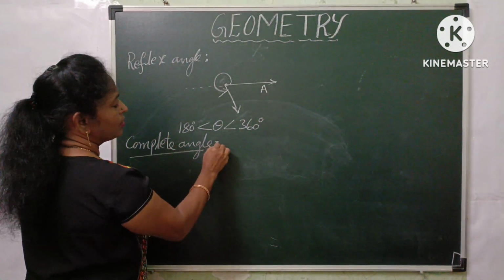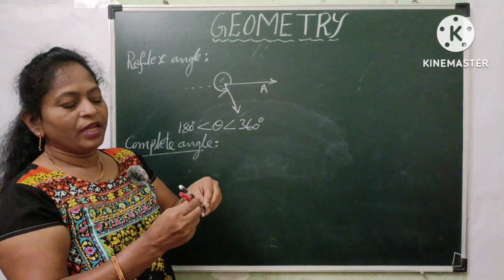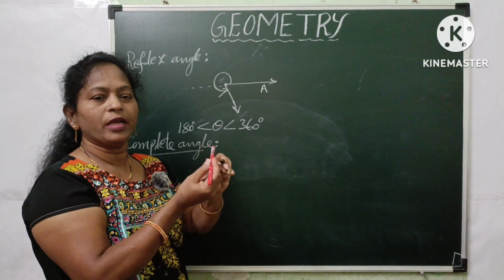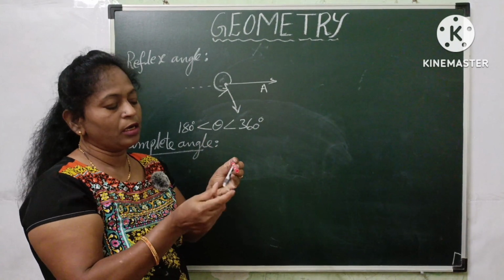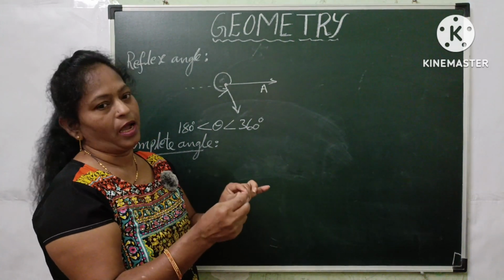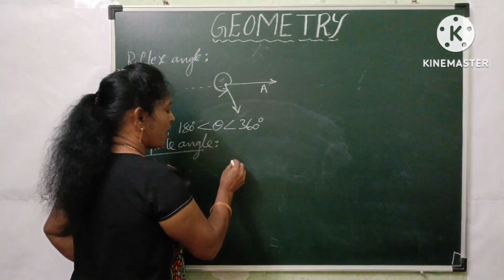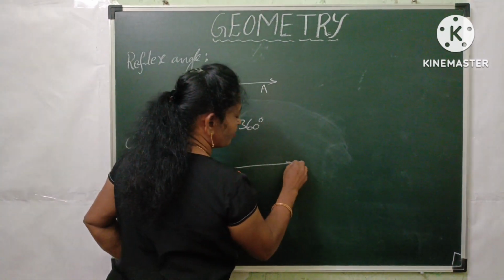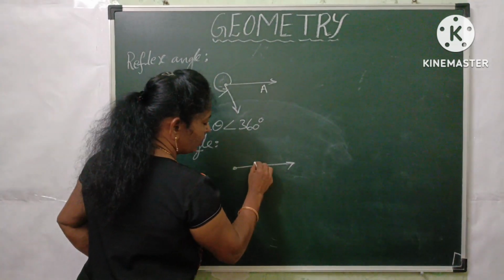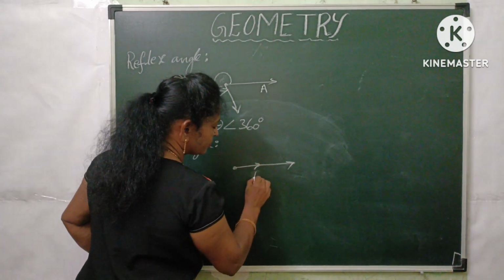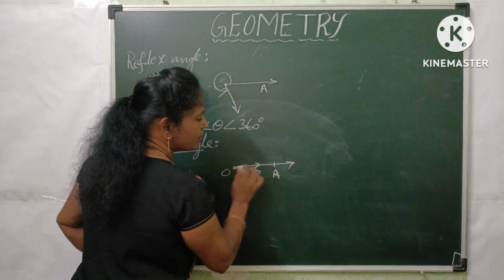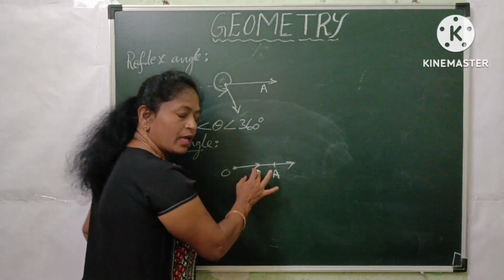Complete angle. Here, when the terminal ray completes one rotation in the anti-clockwise direction and coincides with OA, then it is a complete angle. Complete angle means the exact angle is 360 degrees. OA is the initial ray and OB is the terminal ray.